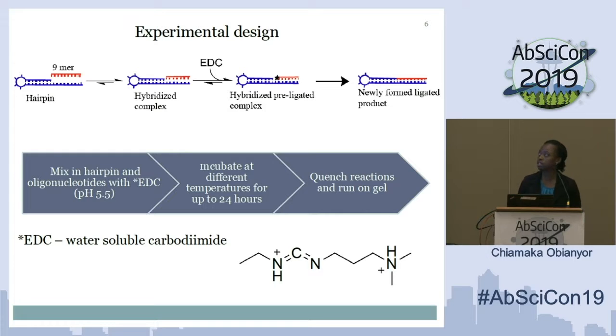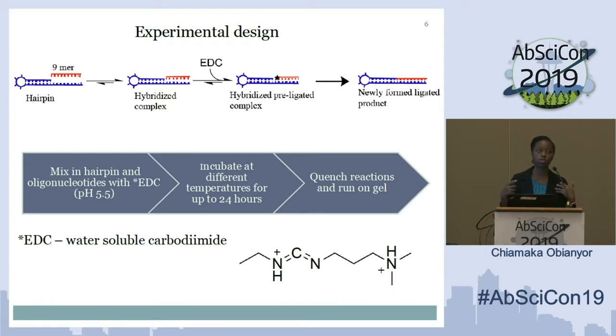And to do this is our experimental design. We have a hairpin, which we've optimized to be very stable, and we're going to try and ligate a short piece of oligo to the stem. The oligo has a 3' phosphate, and generally, we mix in our hairpin and our oligos together. After hybridization, we add in our EDC.